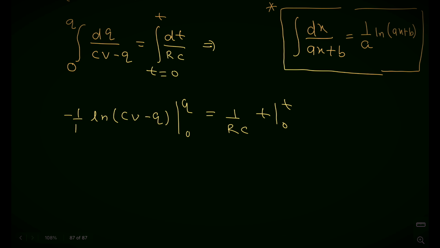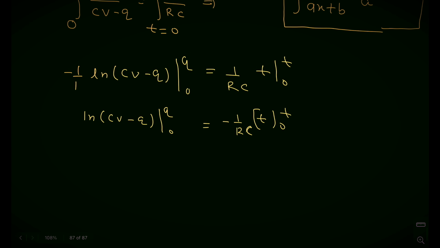Now this minus term I'm going to multiply here, then I get ln(CB minus q) is equal to minus 1 by RC t only, with limits 0 to q and 0 to t.